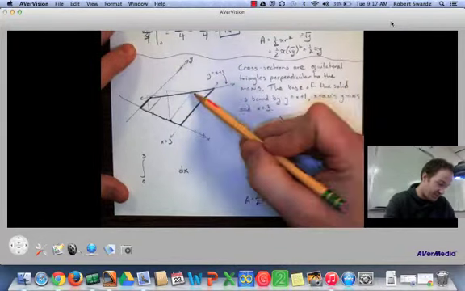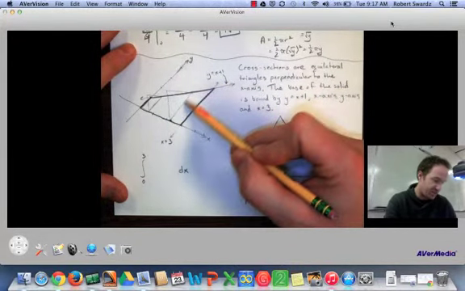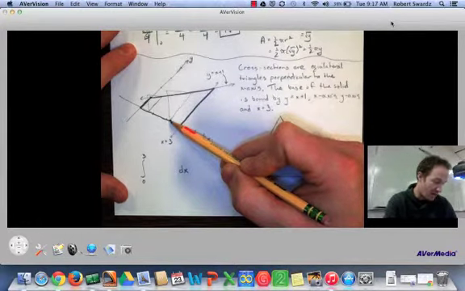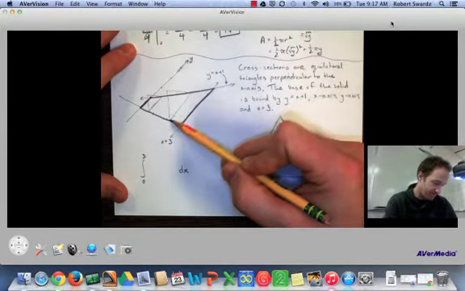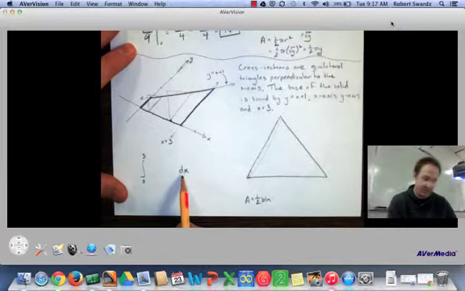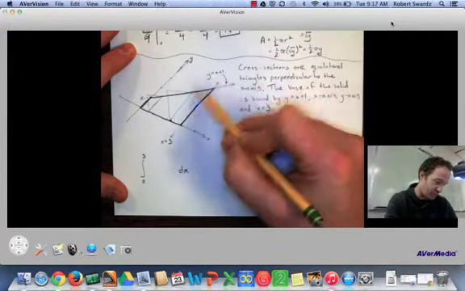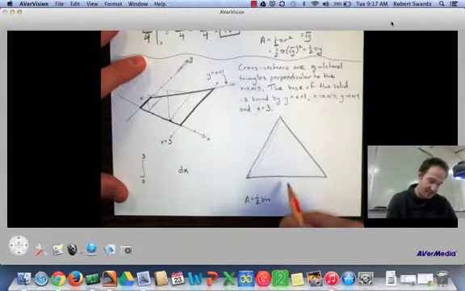Now, the base of our cross section, the base of our triangle, is a y quantity, but we need it in terms of x, and y is x plus 1. So that's the base of our triangle.